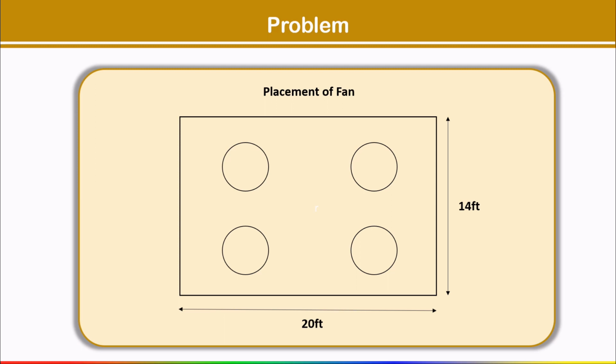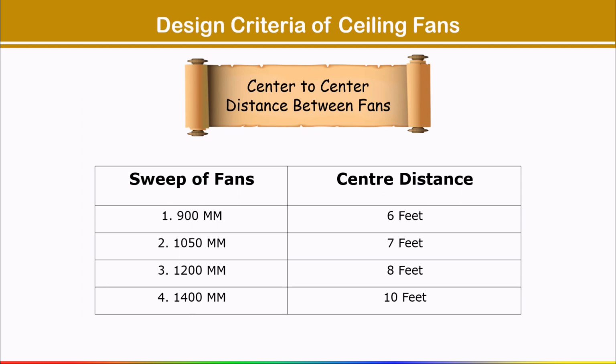So for a 900 mm fan sweep, how much minimum distance do we have to maintain center to center? See, from this table you will get that for the 900 mm sweep we have selected, the center distance is 6 feet. But remember, this distance is the minimum distance.